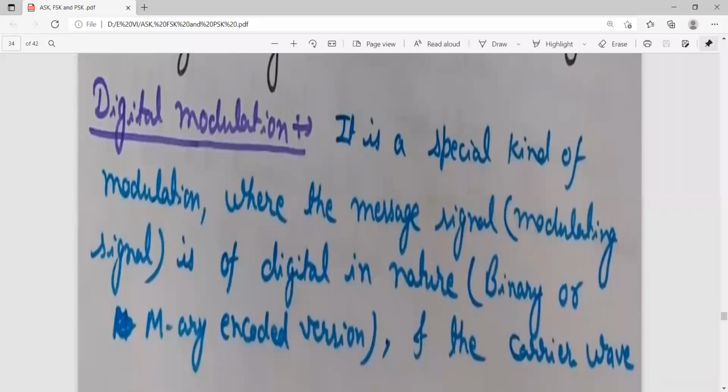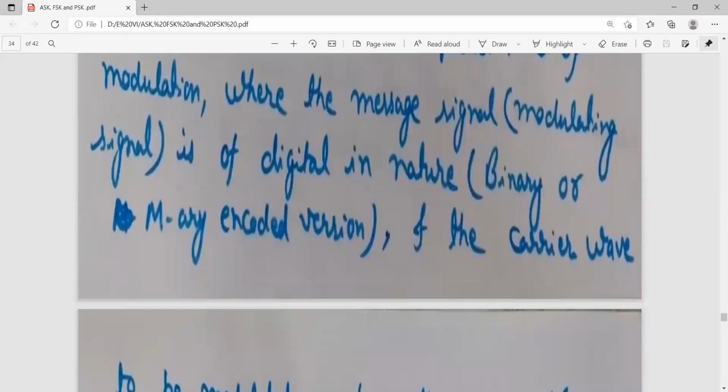So the message signal is digital in nature, that is binary or M-ary. It is generally called the zeros and ones format, sometimes called machine language. Therefore, it is M-ary encoded version.